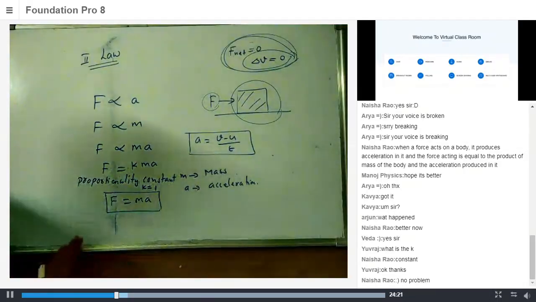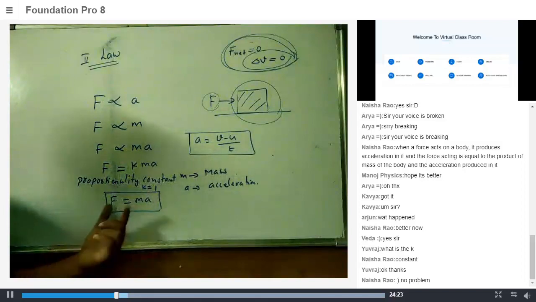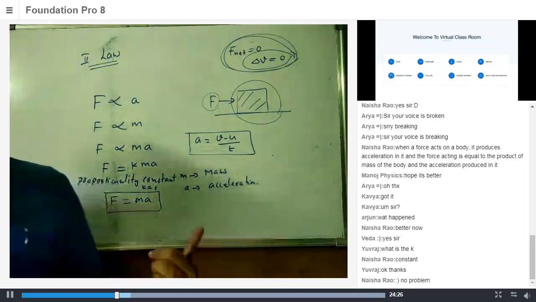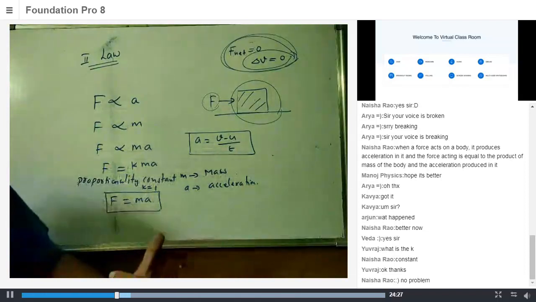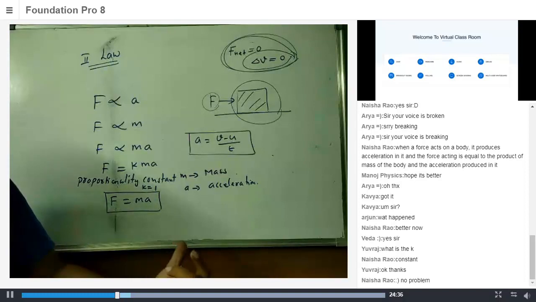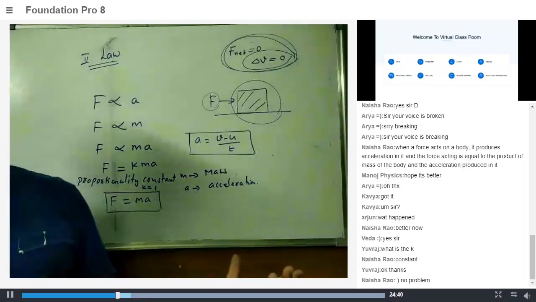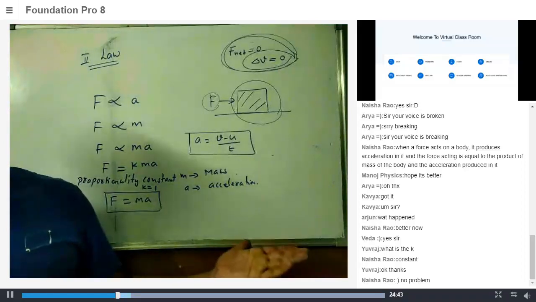So you're taking it down now, this F equal to ma. Now, there is one more thing we have to know. F equal to ma is not the exact statement of second law, because there are a few more things you are required to know to understand the total second law.